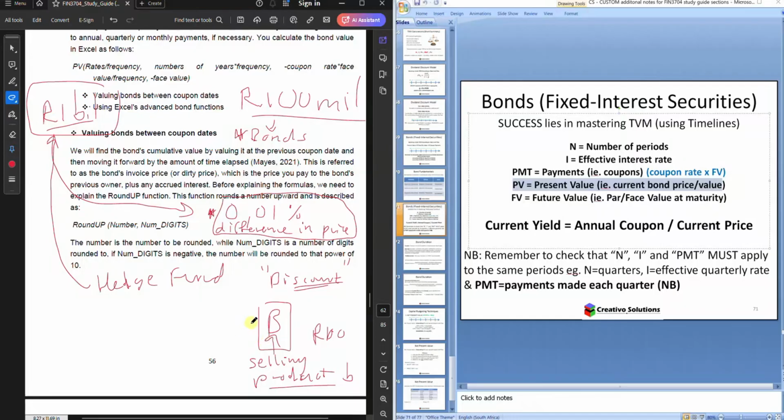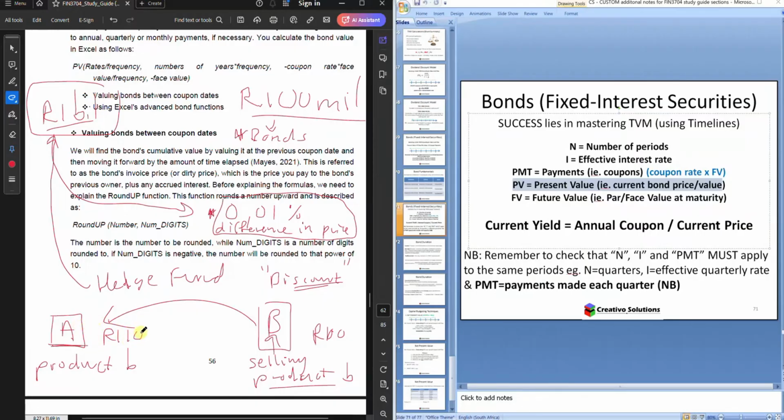Then across town, in store A, it's the same product, they both do the same thing, but store A is selling product B for 110 Rand.